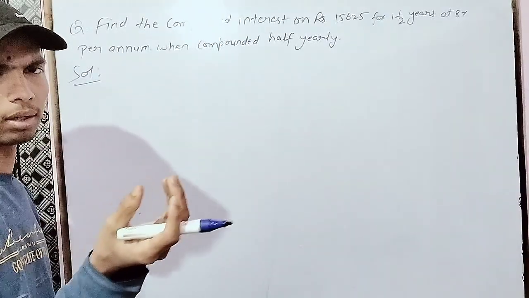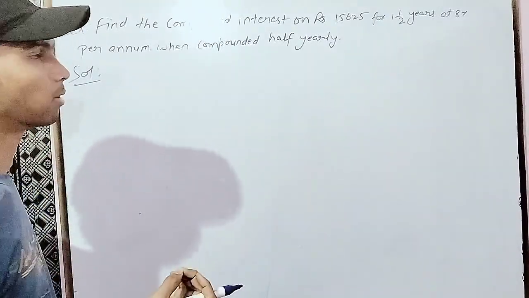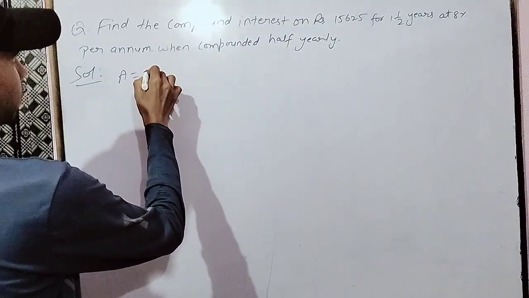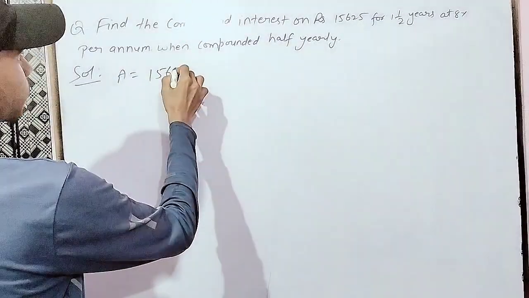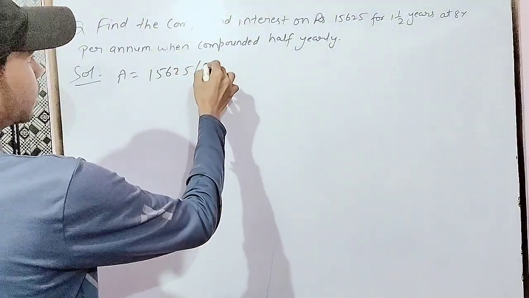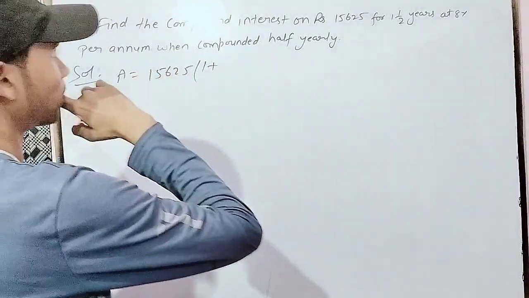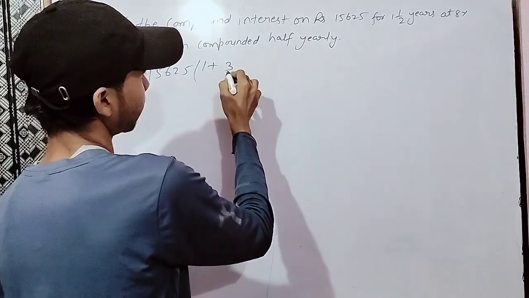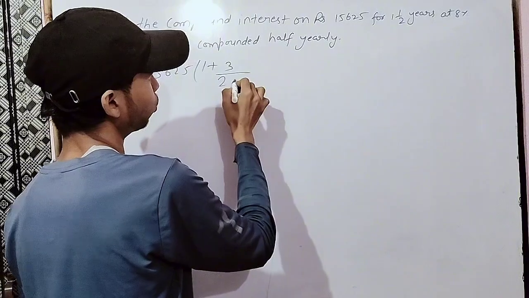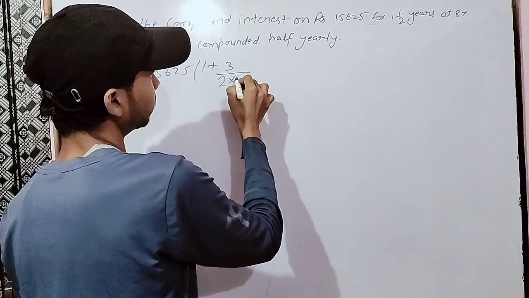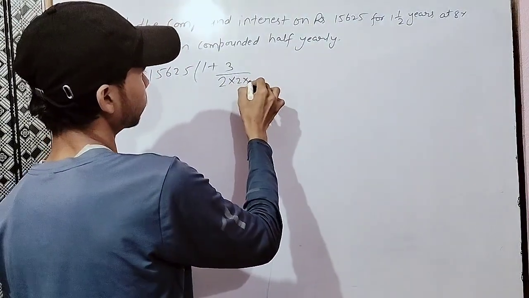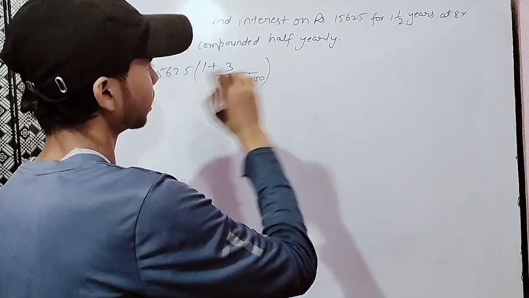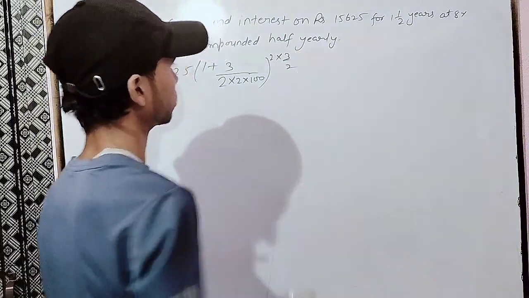So here our formula will change. For the amount, P is how much? 15,625. Then 1 plus R is how much? 8 upon 2 times 100, and n is how much? 10. 2 times 3 by 2.